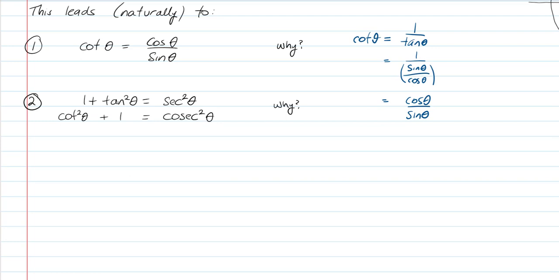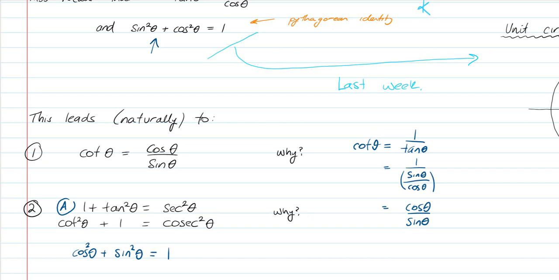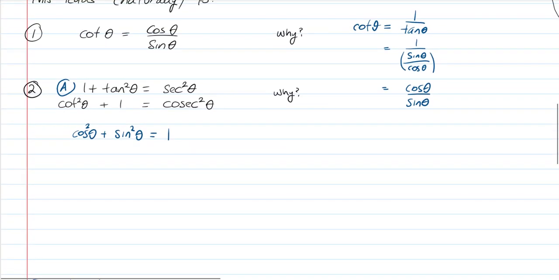Let's start with, we'll call this one A. If we have cos squared theta plus sine squared theta equals 1, that's our Pythagorean identity from up here. I've just flipped the cos and the sine around. And then we divide the whole thing by cos squared theta. Then this becomes cos squared theta over cos squared theta, and sine squared theta over cos squared theta.